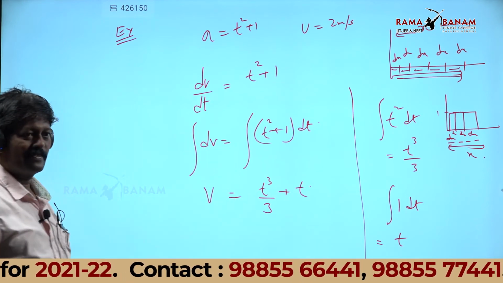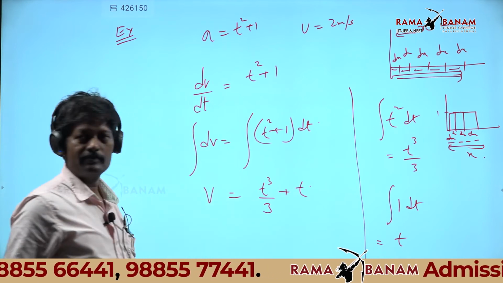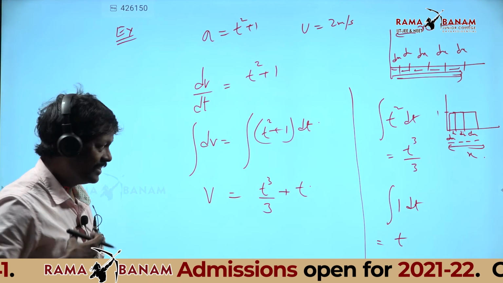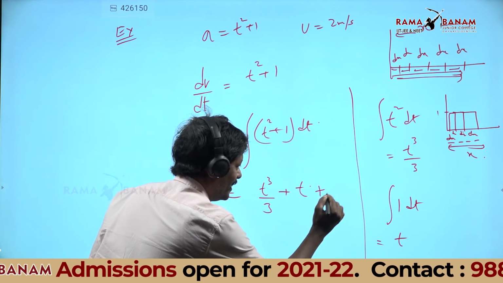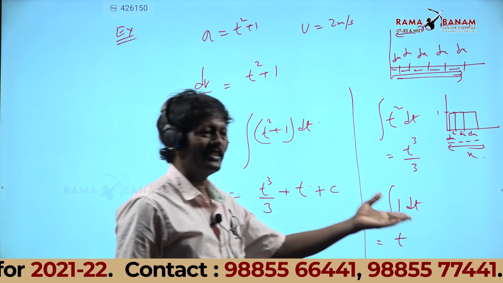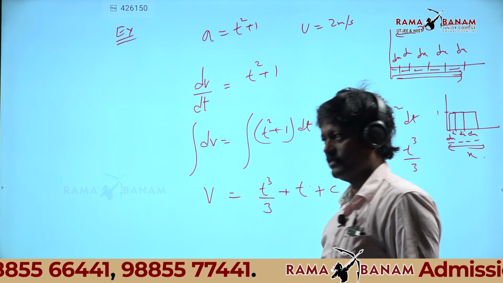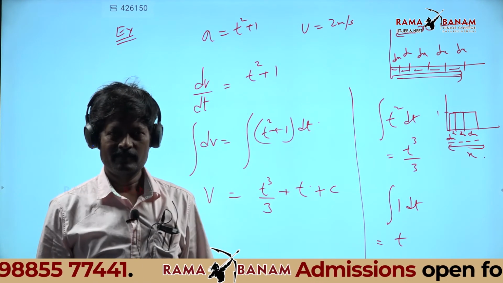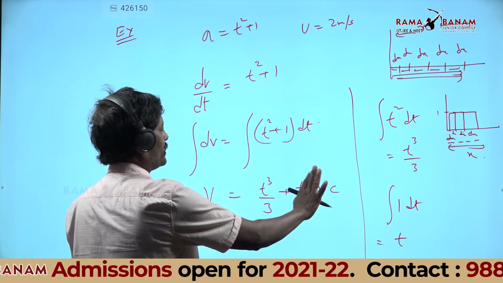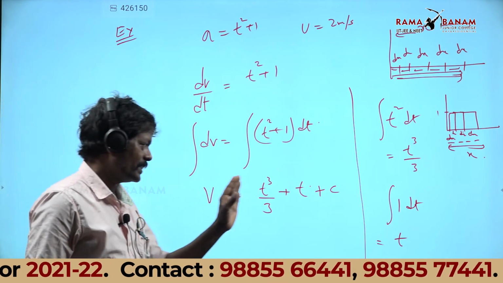Now listen. Either left or right side, only one side you put the integration constant. I will tell you why. In physics, always keep in mind, on the right hand side you put the integration constant, this side no need. Actually both sides we have to put.